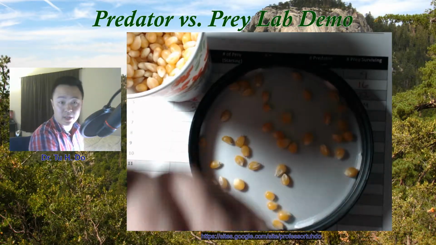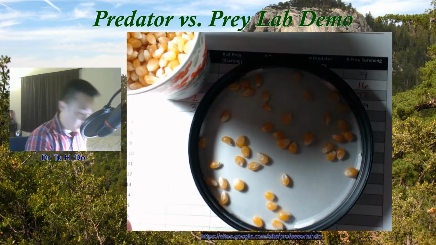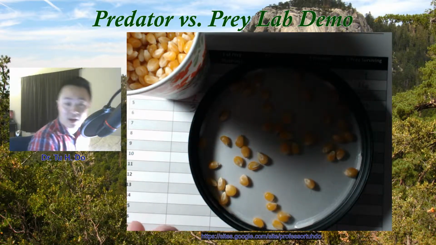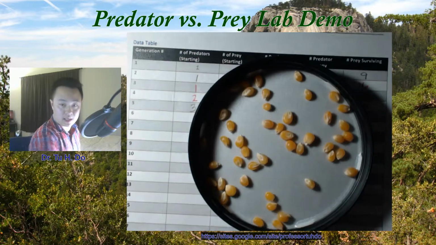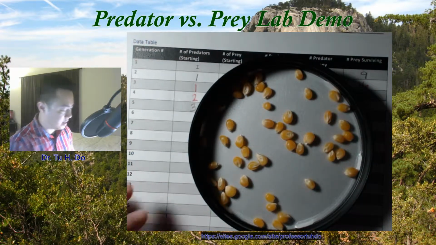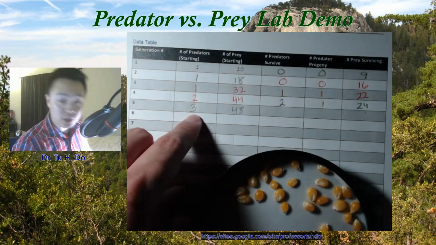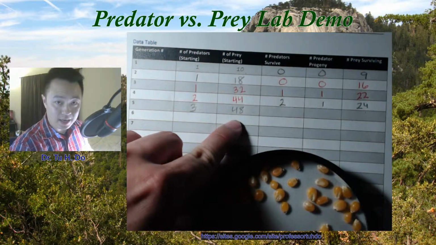Okay, 42 here, 43, 44, 45, 46, 47. Now I've got 48 in my population. All right, 48 in here. I've got 3 scoops coming up, 48 in my ecosystem.